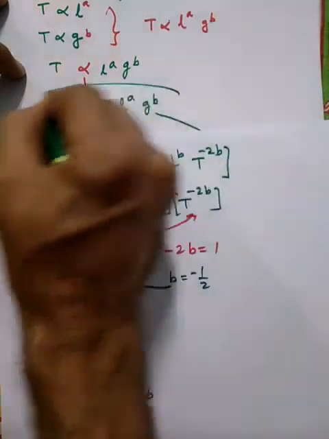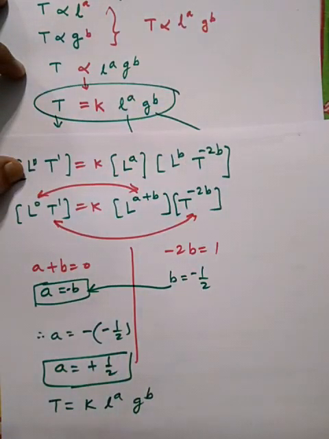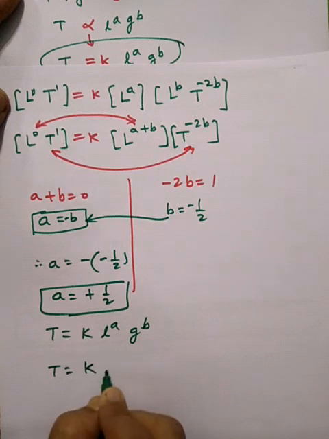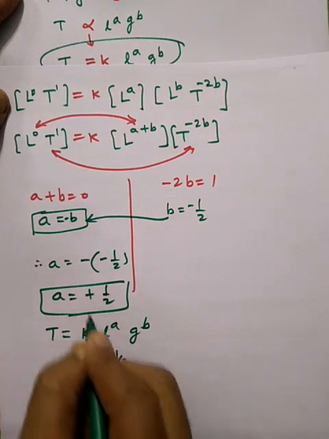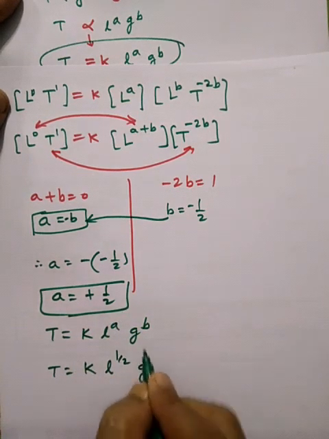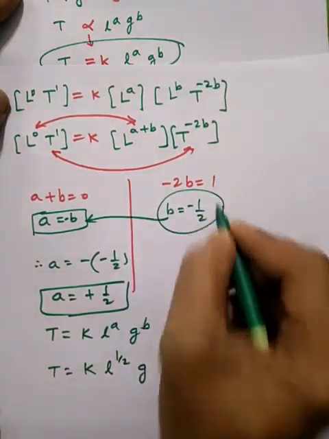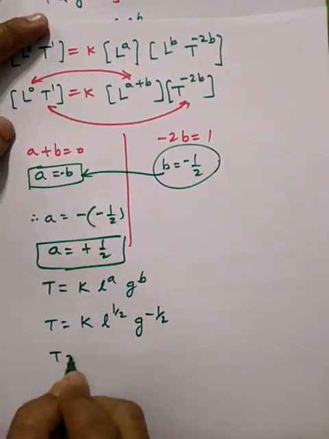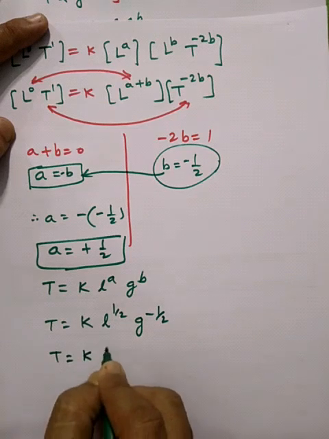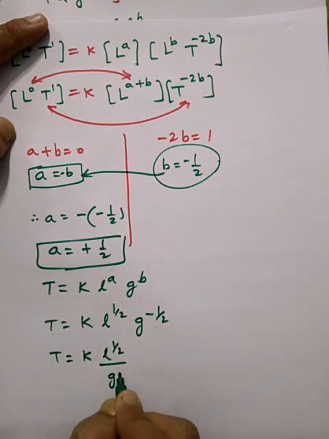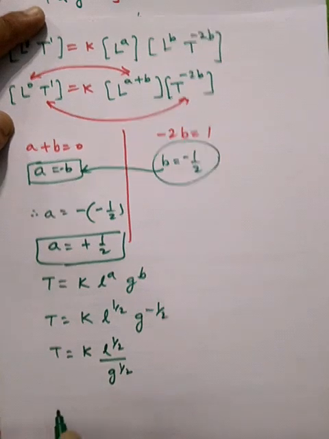Therefore T equals k, L raised to power 1 by 2, g raised to power minus 1 by 2. Putting this under the denominator, it becomes plus.